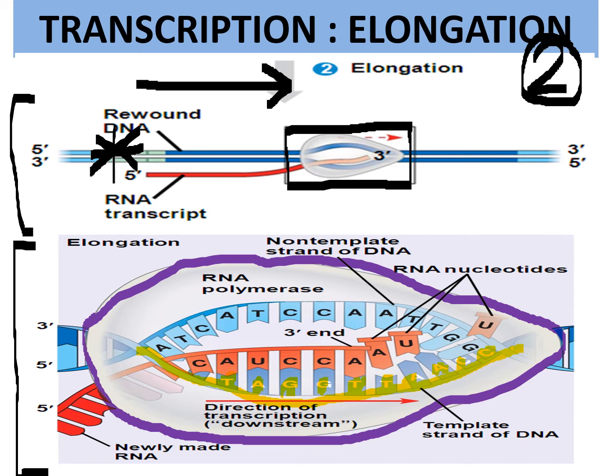Firstly, a cytosine was added to a guanine, which we can't see on this diagram, but we know it must be a guanine on your DNA template strand. Next, an adenine was added by RNA polymerase to the thymine on your template strand. Next, uracil was added in by RNA polymerase to the adenine on your template strand.